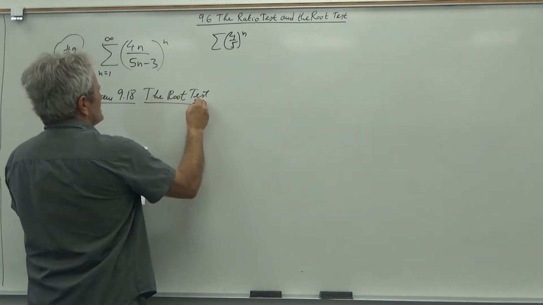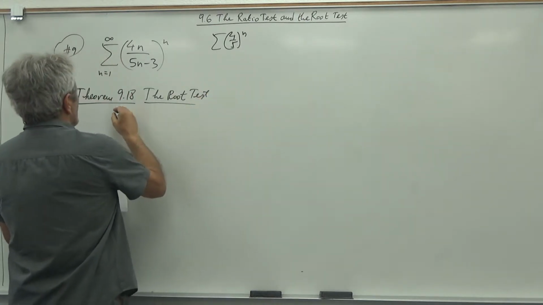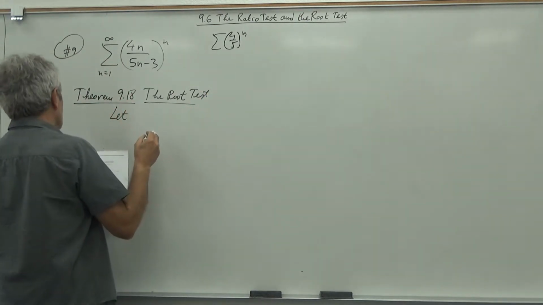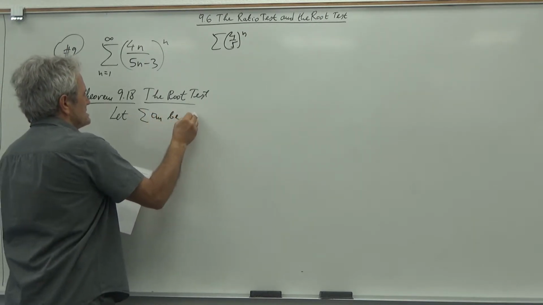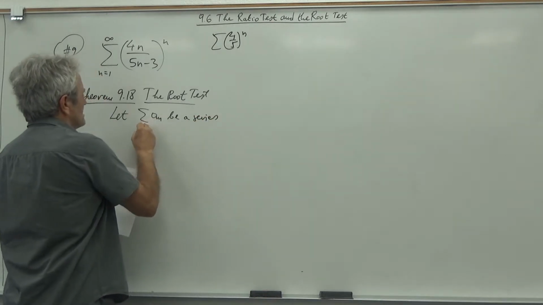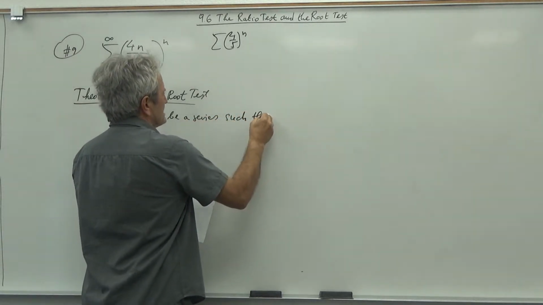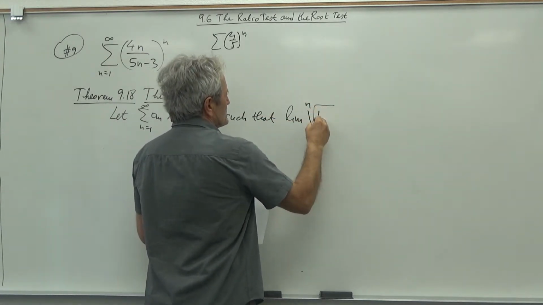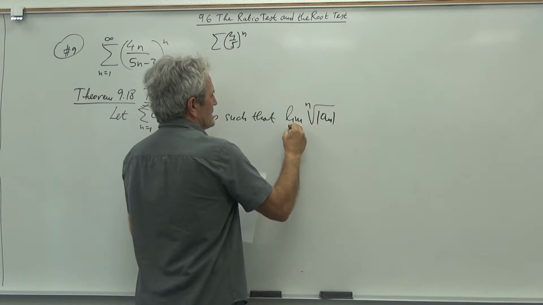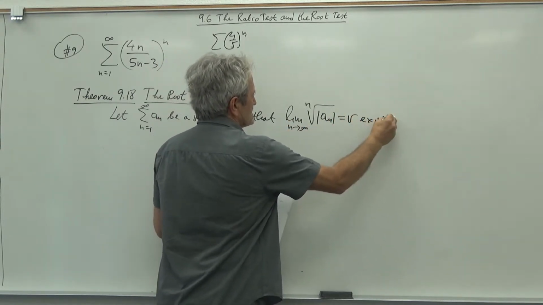Let the sum of an be a series, n going to infinity, such that the limit of the nth root of the absolute value of an, when n goes to infinity, equals r and exists.